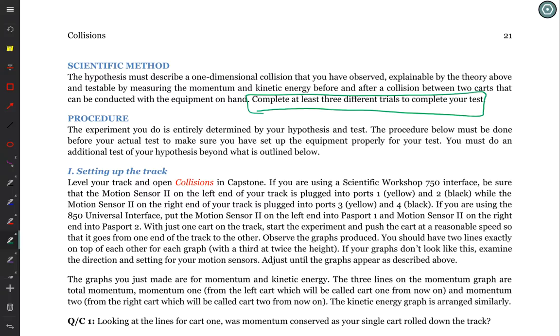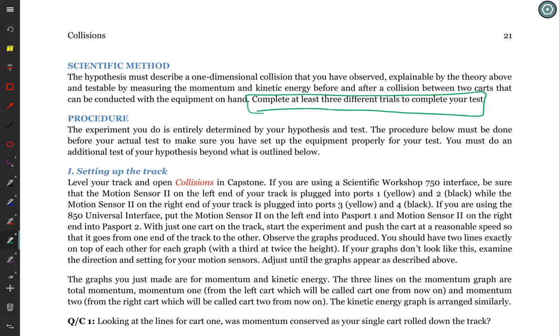It takes virtually no time to do a trial. I want to see at least 3 with different situations. So maybe this one's going at roughly twice the speed of that one, then that one's going roughly twice the speed of this one, then they're going roughly the same speeds, or changing up the situation so you can see if your prediction is correct under a few different situations. So make sure you have at least 3 tests of your hypothesis.